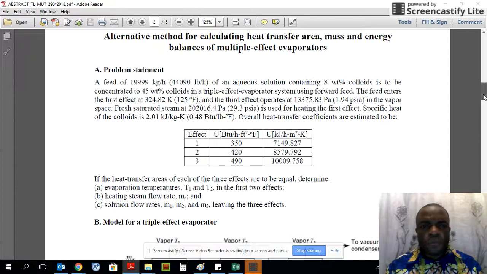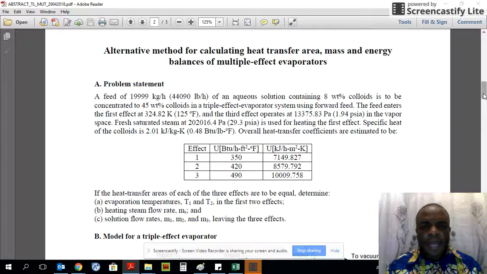Now, to illustrate my new procedure for heat transfer area, mass and energy balance calculations for multi-effect evaporators, I would like to use the same problem as that presented in our textbook.